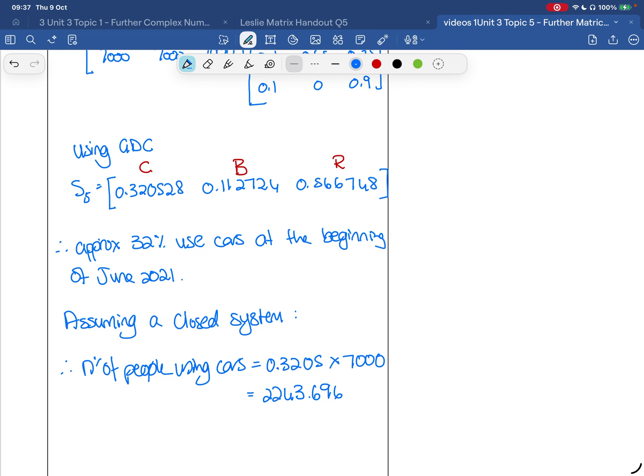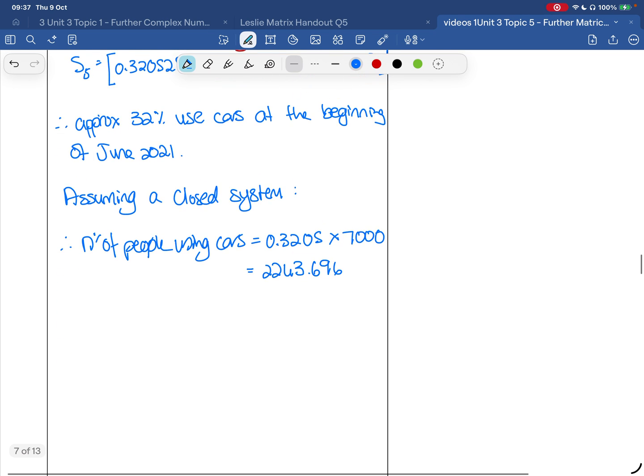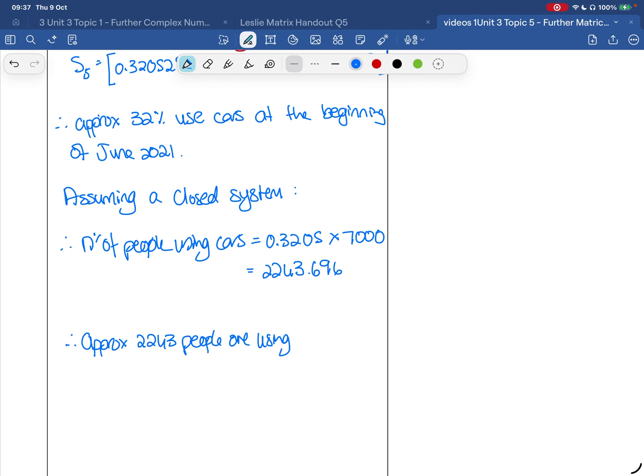Now, obviously, we can't Frankenstein people, so therefore, approximately 2243 people are using cars at the beginning of June 2021. Awesome.